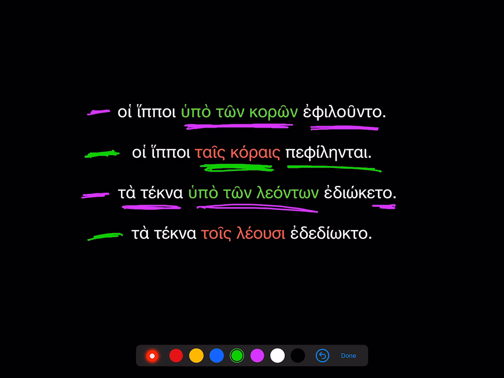Ta tekna tois leousi ededioketo. The children had been chased by the lions. Again, dative of personal agent. So we use a dative of personal agent rather than a genitive of personal agent, just with the perfect and pluperfect passive. And that's it.